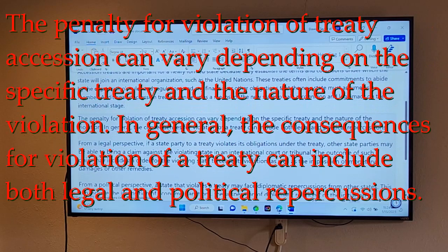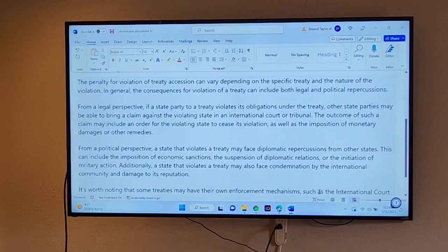The penalty for violation of treaty accession can vary depending on the specific treaty and the nature of the violation. In general, the consequences for violation of a treaty can include both legal and political repercussions.